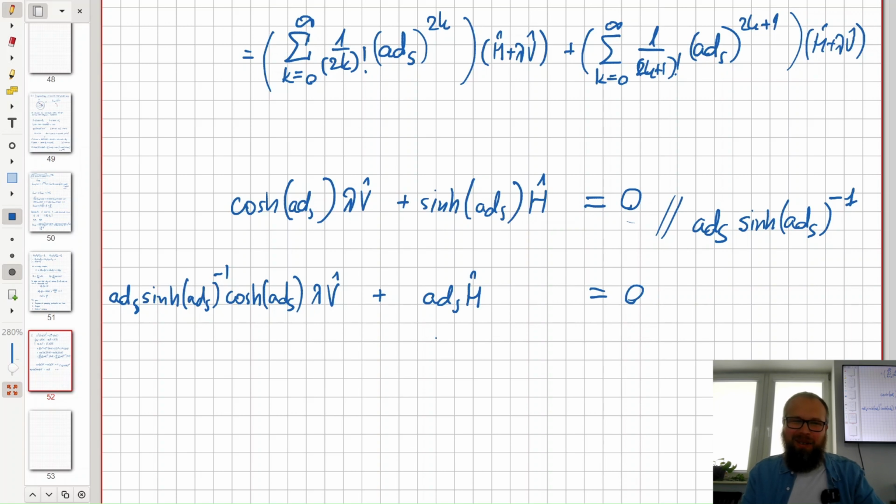And actually, when you look at the series expansion of this beast, thinking that ADS is infinitesimally small, this is actually the same series expansion as hyperbolic cotangent of ADS, because it's like cosine over sine.